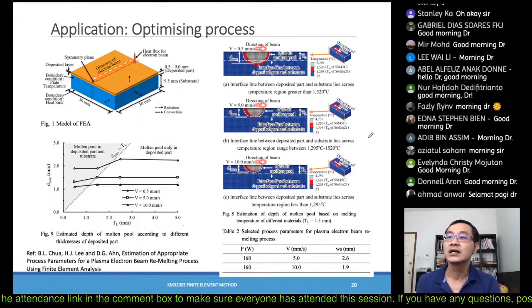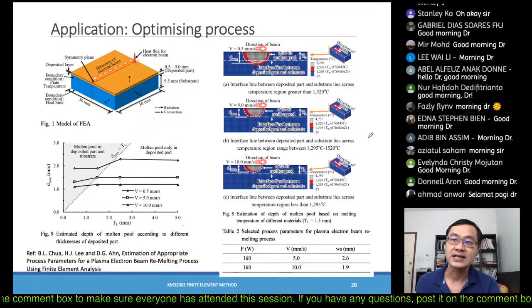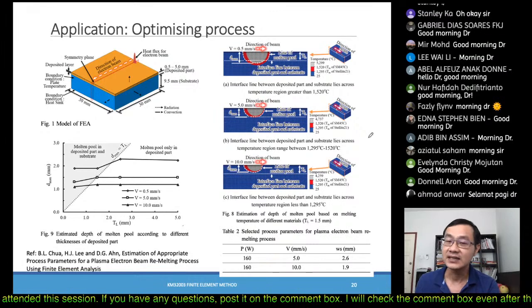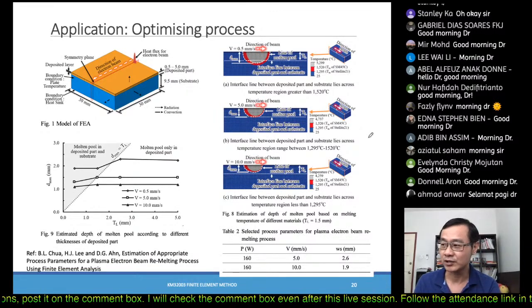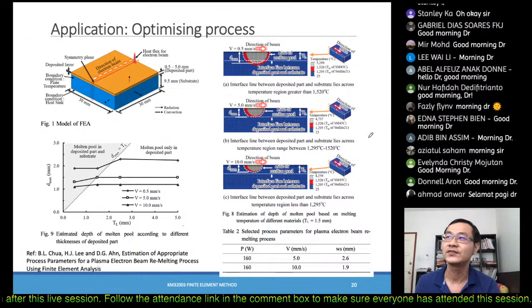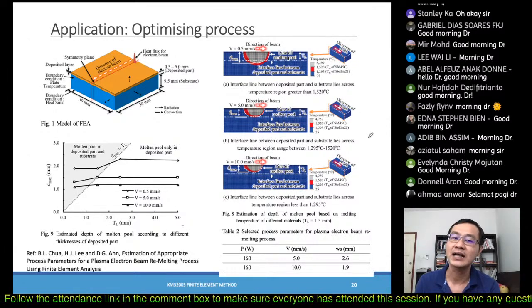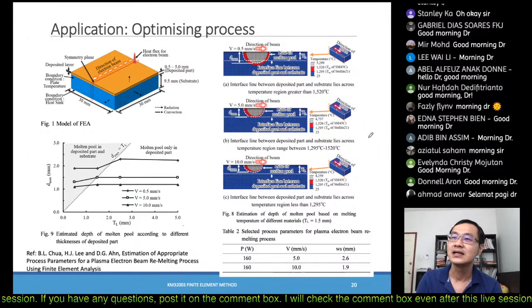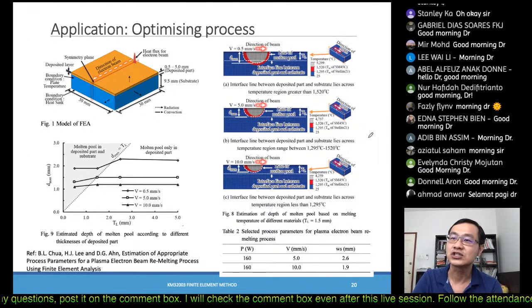Then we can also use it to optimize a process. As I mentioned, you can use it for fin or other processes, but those fin processes are, I would say, static, in terms of the heat source, because you attach it to a constant heat source, whereas in this case the heat source is actually moving, right?